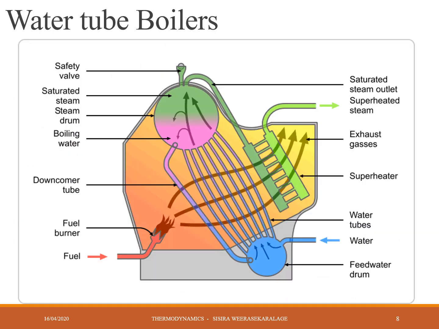Now we have come to the second type of boilers, water tube boilers. This is the basic construction. You can refer to each and every component, and these are the parts of a water tube boiler. So you can name these, and the basic construction is like this. Here outside you have flame or the flue gas, with a fuel burner here.